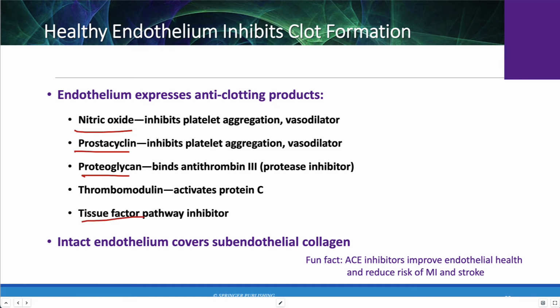All of those things are impaired when you have endothelial dysfunction. Interestingly, when we put patients on ACE inhibitors, that improves endothelial function. So ACE inhibitors and probably ARBs in most instances are magic medicines that do different things.